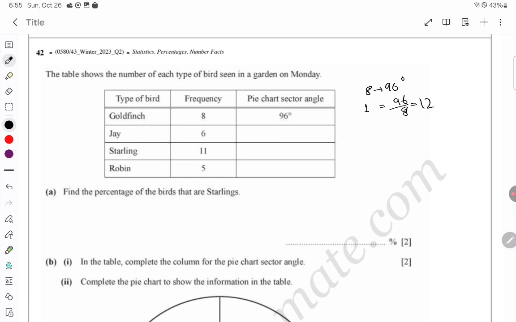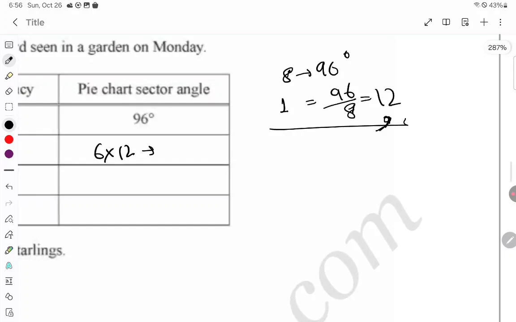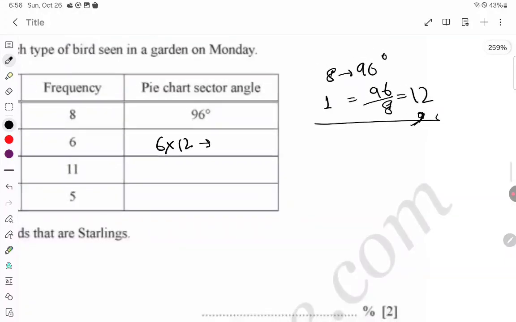So for 6 we multiply by 12, because for the 1 the factor which we multiply by is 12. Now 6 into 12 will become 72 degrees.